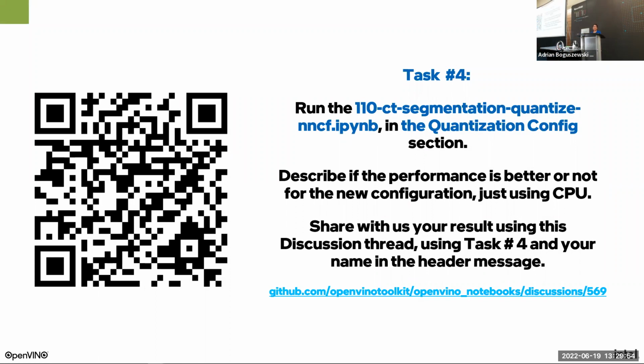I cannot emphasize enough why this is such an important thing. So in here you see the exercise, right? We want to basically run the NNCF one. Where is it? NNCF. Sorry, one second.